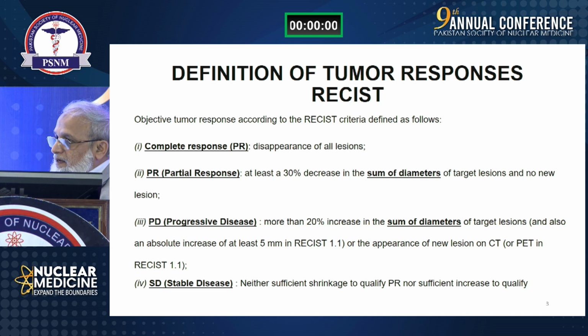And in case of tumors, they have got RECIST criteria, which are in use for radiology modalities only, in which complete response, partial response, progressive disease, or stable disease are defined. Usually these are all measurable things on CT or MR, and they are using sum of diameters, etc. For nuclear medicine people, this is not possible because what we are measuring is different.